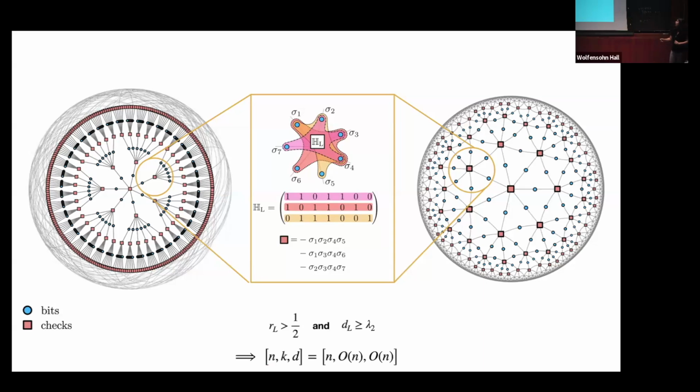Then what you can show is that if your local codes are sufficiently good, so they have sufficiently high rate and sufficiently high distance, and the graph has a sufficiently large lambda 2, which I'll explain in a second and which tells you how expanding the graph is, then this global code as a whole is going to be both good and expanding. So you need the underlying geometry to be sufficiently expanding, and you need the underlying small codes to be sufficiently good.